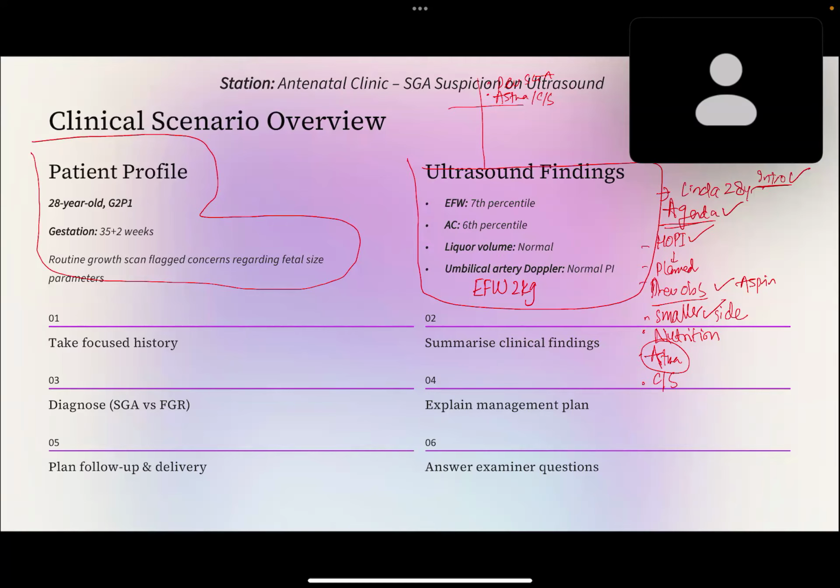So that's prednisolone I took for 10 weeks only. And right now I'm on aspirin and my tonics. Okay. Thank you for telling me that. Do you have any allergies to any medications? No, doctor.